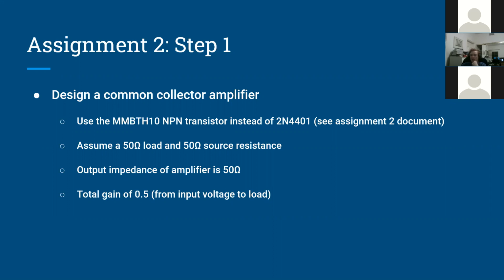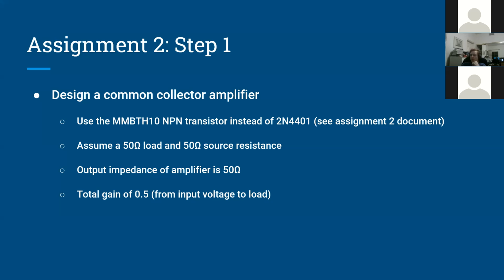Same thing as the other one, just different parameters. For this amplifier, you'll assume a 50 ohm source resistance, which is the internal resistance of the voltage source on the input, and then you're driving a 50 ohm load.